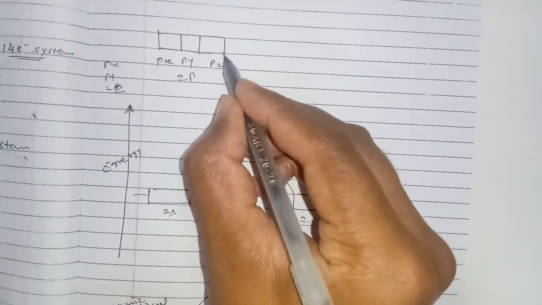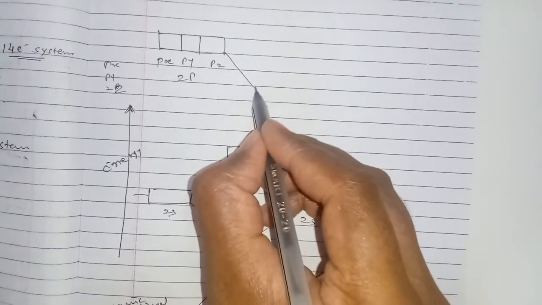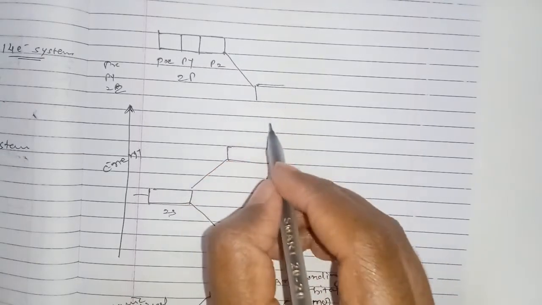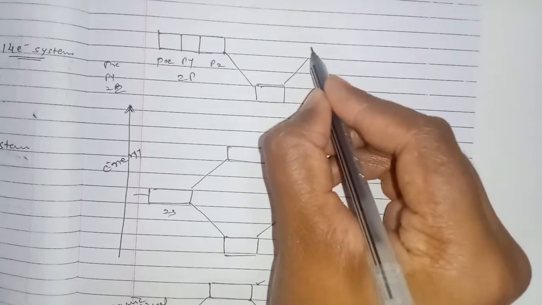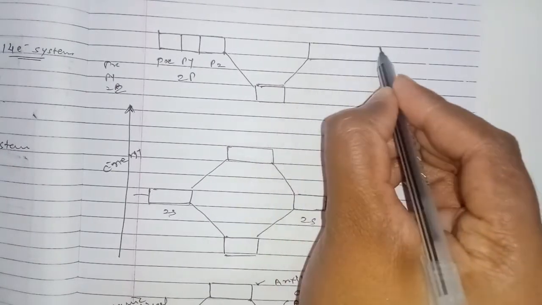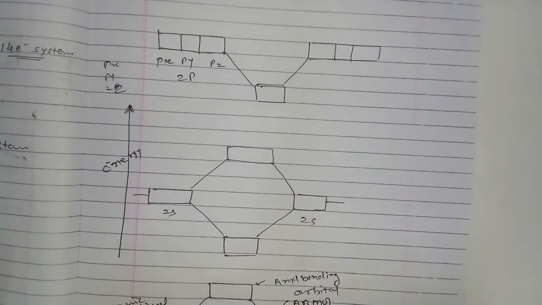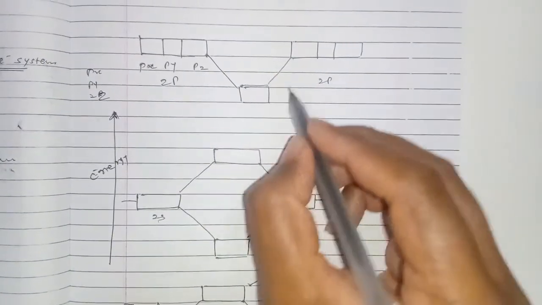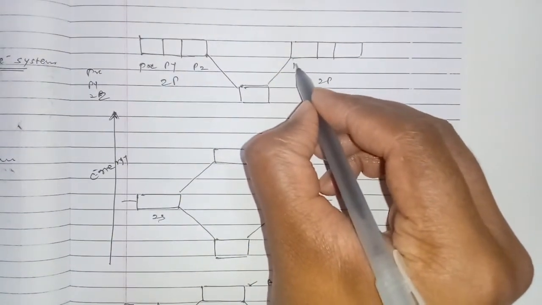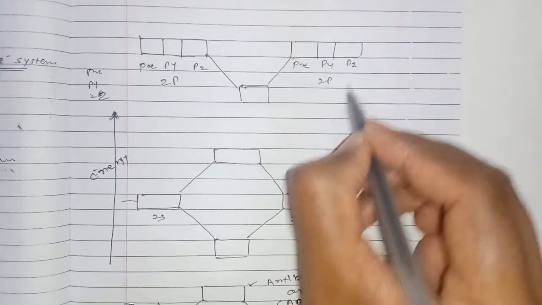And for the other atom, its atomic orbitals are also px, py, and pz.